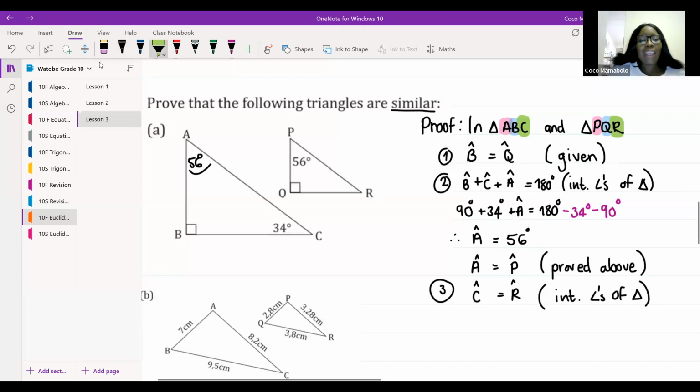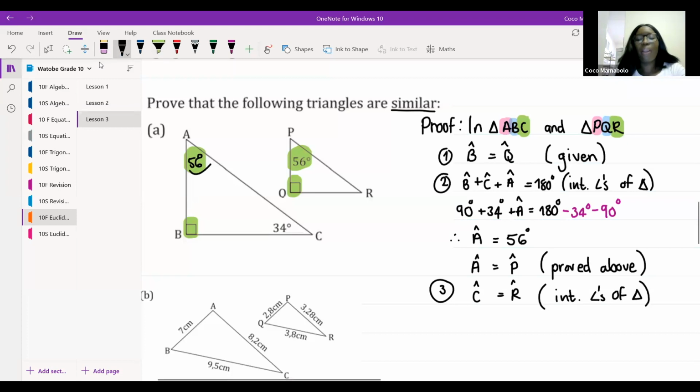There's no triangle that comes in 190 degrees. They all come in 180 degrees. We can automatically assume that the other angles are equal.